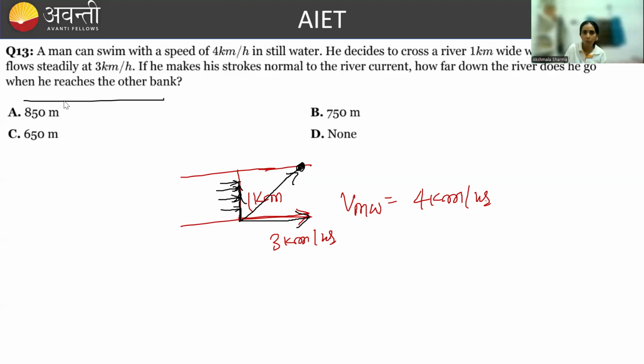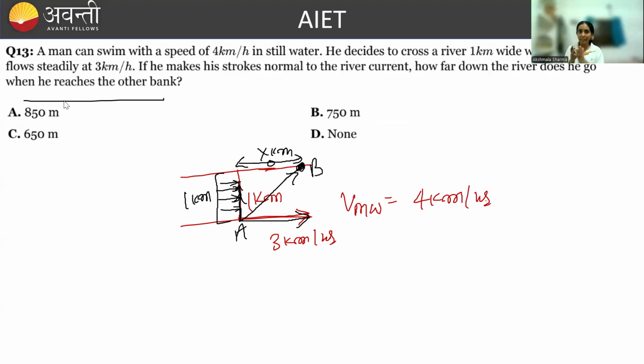If you're moving like this, it means you have covered 1 kilometer in the y direction and, suppose, x naught in the x direction. The y direction is covered because of the y component of velocity. So how much time will it take to go from A to B?